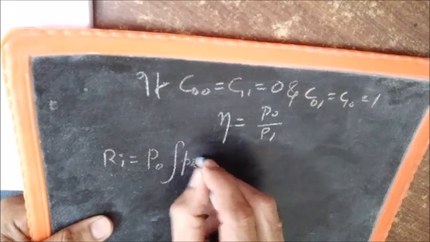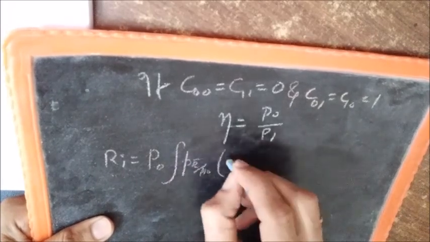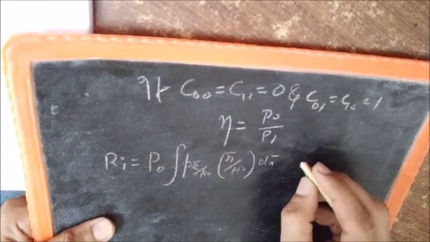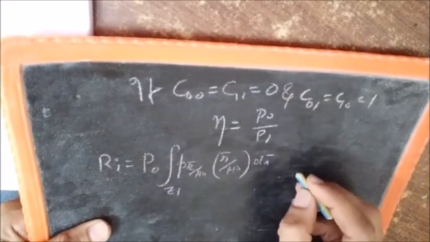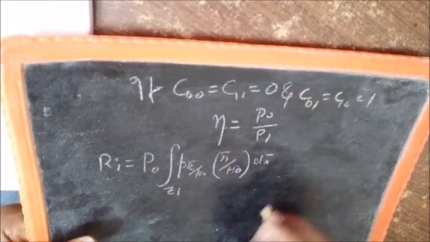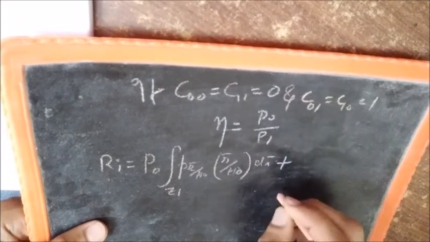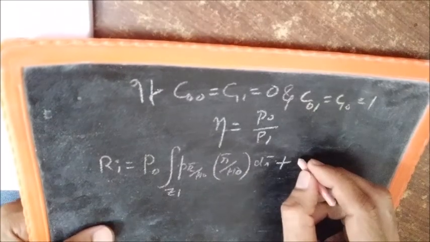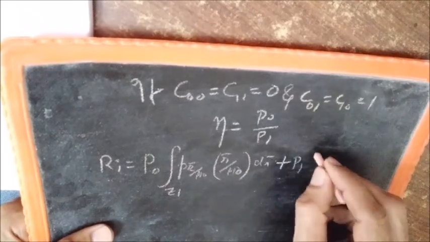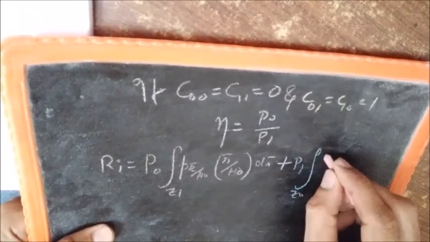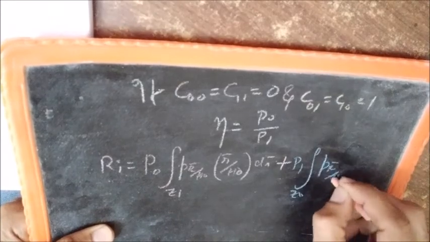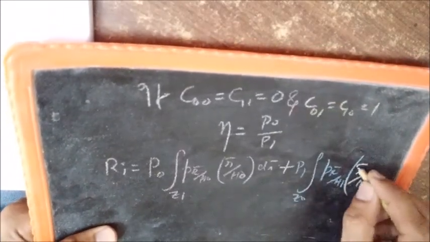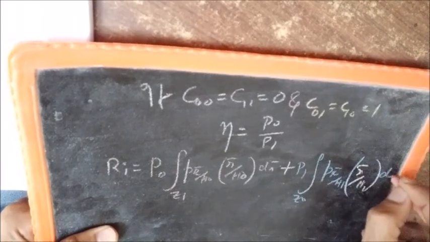integration of p(r|H0) in the region Z1, that is, declaration of H1, plus P1 integration over Z0 of p(r|H1), that is, corresponding to declaration of H0.